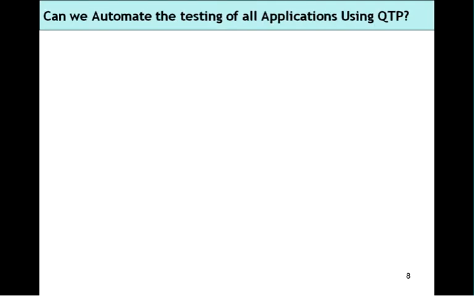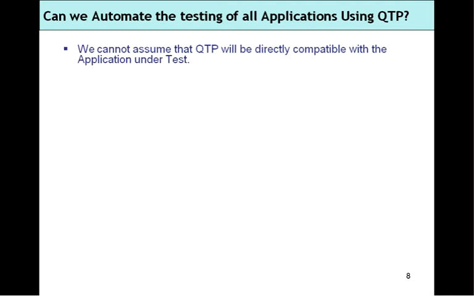So can we automate the testing of all applications using QTP? We can't assume that QTP will be directly compatible with the application under test. We can't say whether our QTP is able to automate our test or not. An automation tool doesn't mean that it will automate every application developed by the developer.